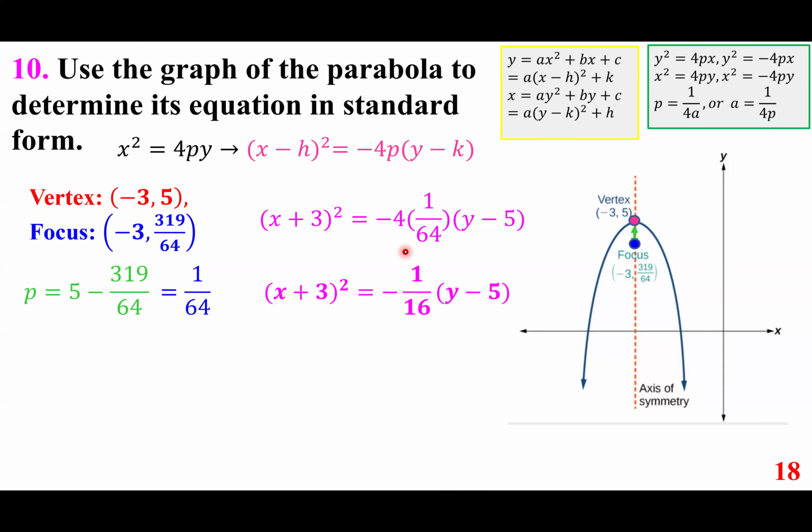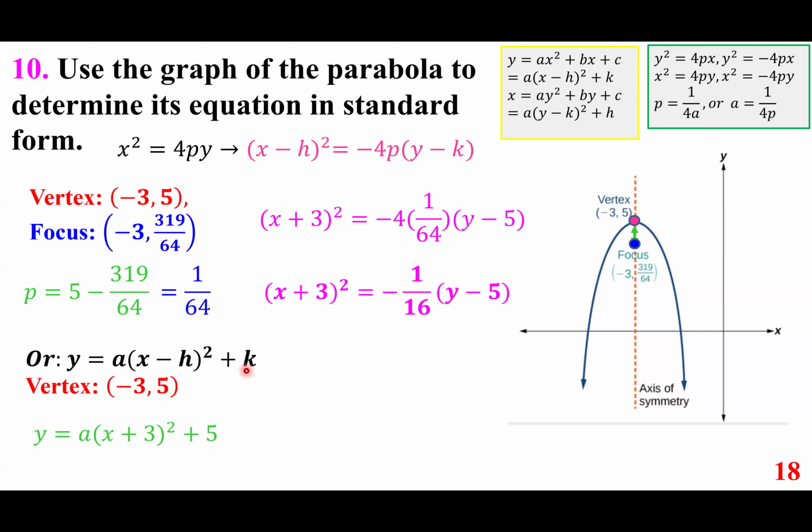If we want to go with y equals a times x minus h quantity squared plus k, the vertex at negative 3, 5. So we're going to write a times x minus minus 3, that means plus 3 squared plus 5. So that's the first. And a is 1 over negative 4p because it opens down. And p, we found it to be 1 over 64.